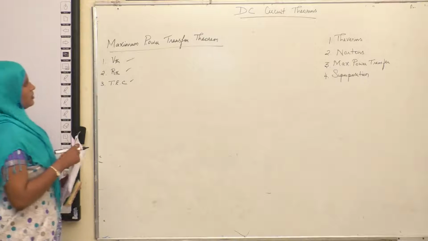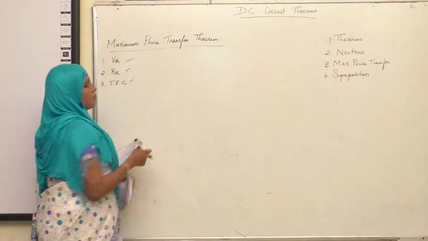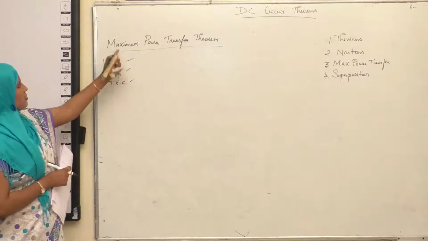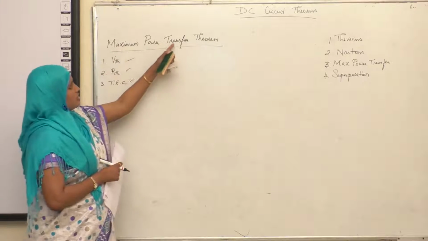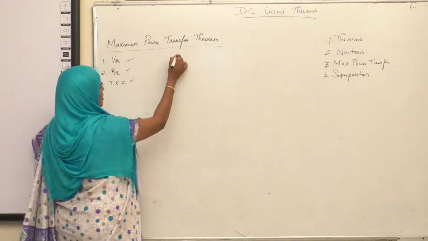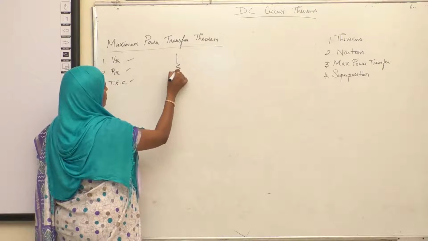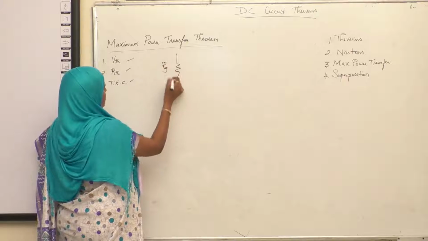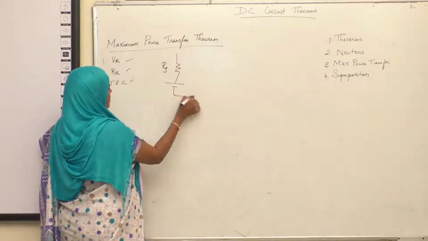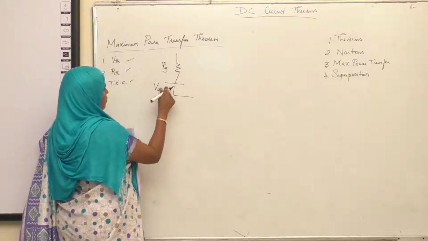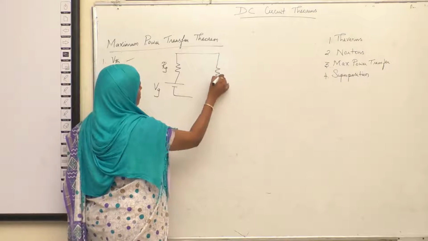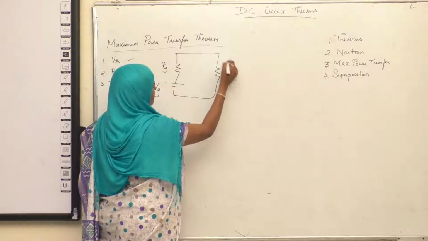But before that, I'll just tell you what is this maximum power transfer theorem. As the name says, maximum power transfer. So just consider a circuit with one resistance, a voltage source and the load resistance.